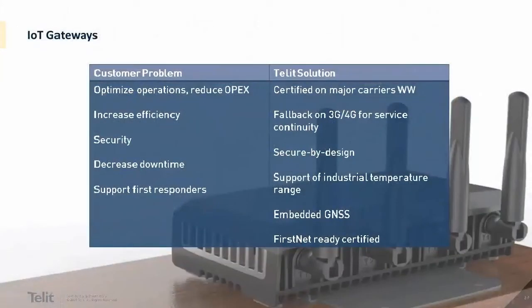The next space is the IoT gateways. So now you're moving down the spectrum from the high-end infrastructure folks. Gateways start to get into just what they act as, right? They are a gateway between maybe two different technologies.